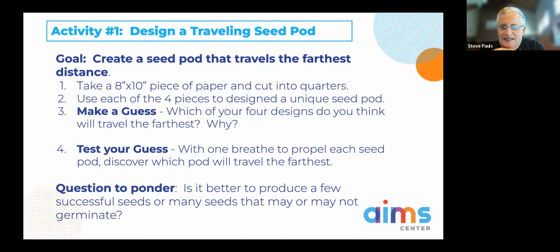So take an 8x10 sheet of paper and cut it into quarters. It doesn't have to be an 8x10 piece of paper. It could be any paper you have. Just cut it into 4 equal pieces. You're going to use those 4 pieces to design a unique seed pod, and you're going to use 1 breath per pod to try to blow it the furthest distance you can.